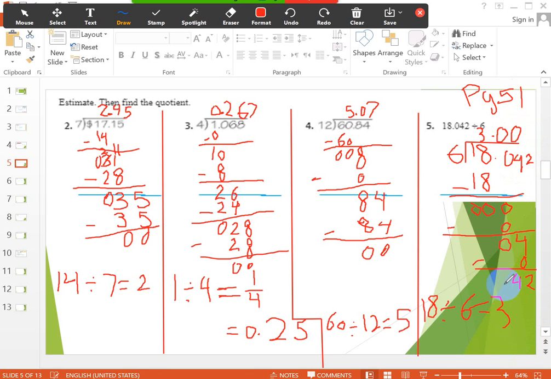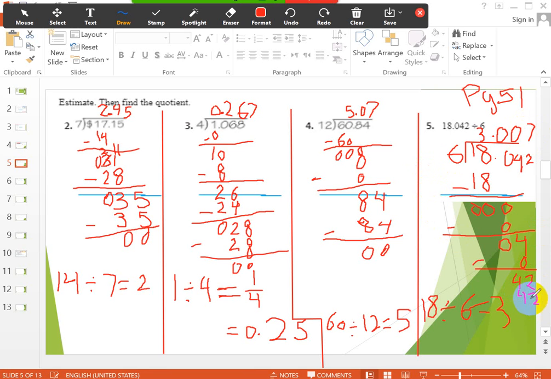Now 42 divided by 6. Which number do I multiply by 6? The answer will be 42 from the multiplication table. It will be 7. Thank you, Lena. It will be 7. 7 multiplied by 6 equals 42.